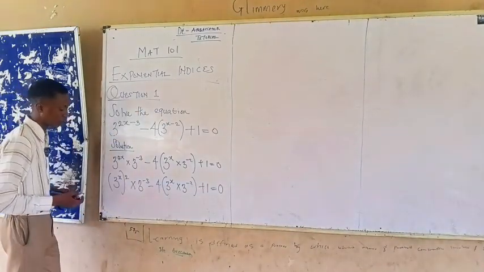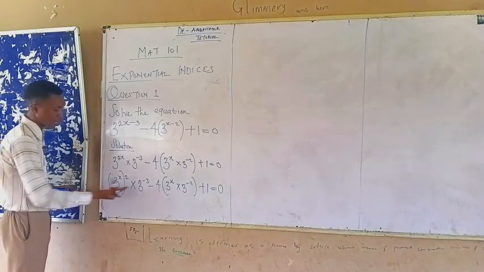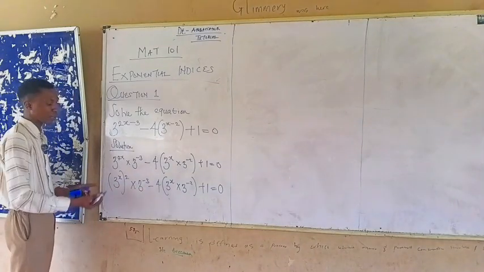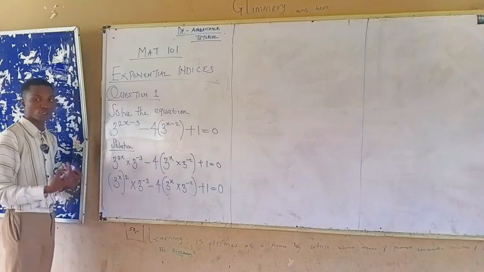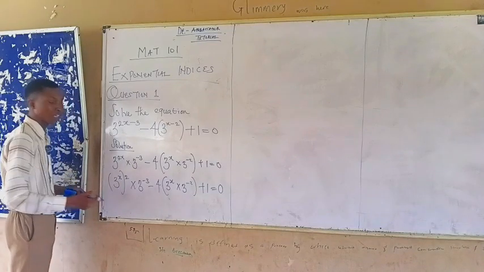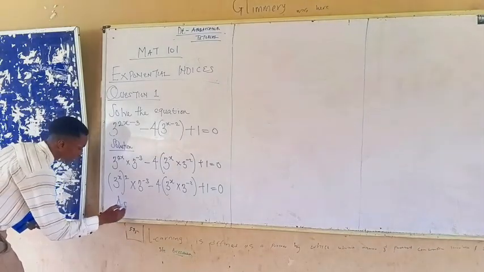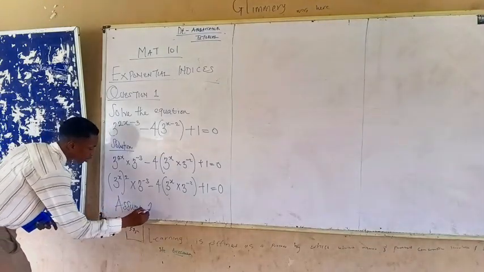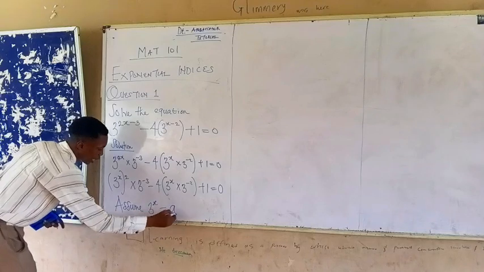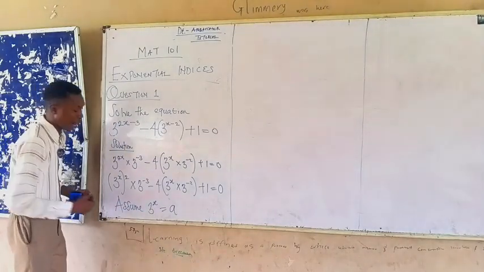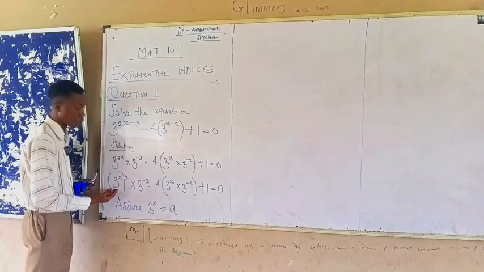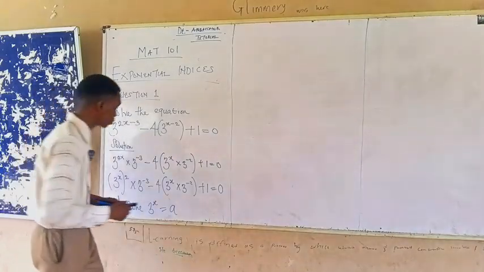Now, if you look at this carefully, we have 3 to the power of x in both places. Anytime we get to this junction, you assume that 3 to the power of x is a particular letter. So let's assume 3 to the power of x equals a. That means any place I have 3 to the power of x, I input a.